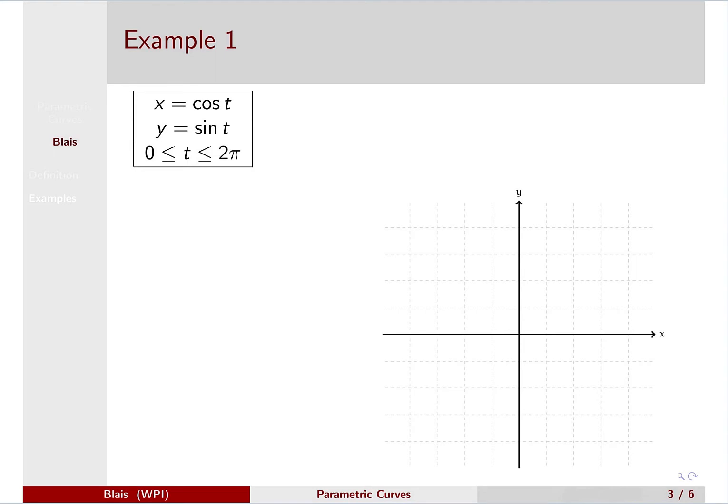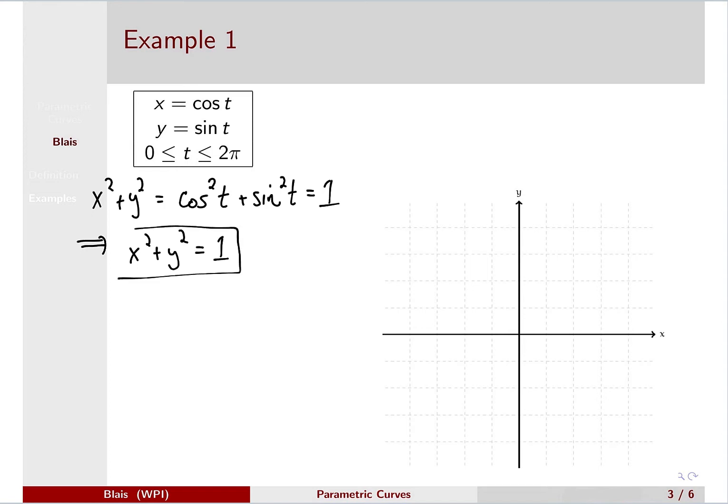To get a sense of what this looks like, note that if we take the equation for x, square it, the equation for y, square it, and add those two, we have x squared plus y squared is cosine squared t plus sine squared t, and we know that is equal to 1. Thus, x squared plus y squared equals 1.